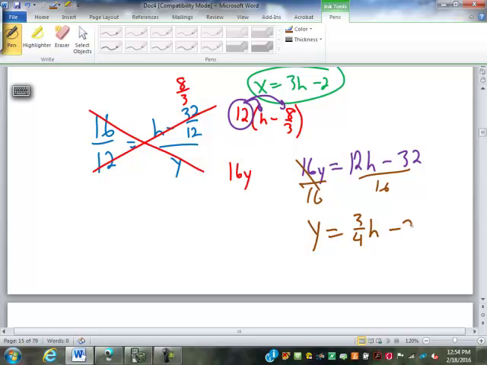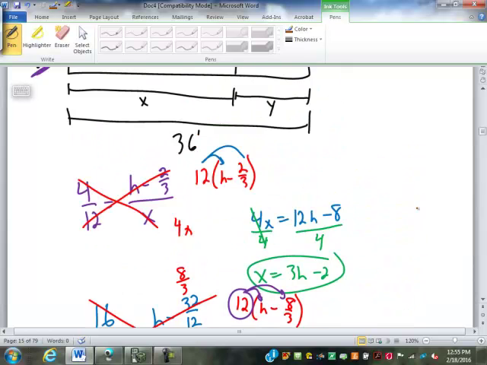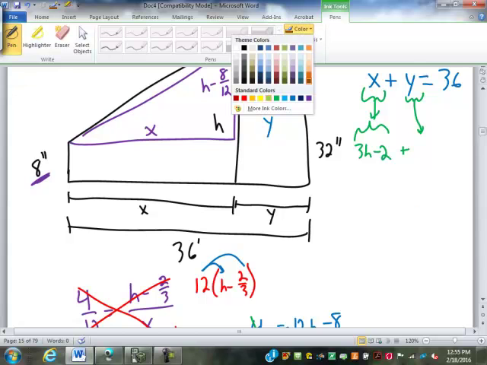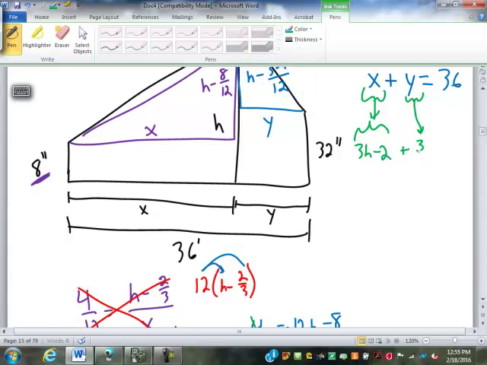Negative 32 over 16 is negative 2. So y equals 3/4 h minus 2. That still equals 36. So 3h and 3/4 h makes 3 and 3/4 h. Negative 2 and negative 2 makes negative 4 equals 36.